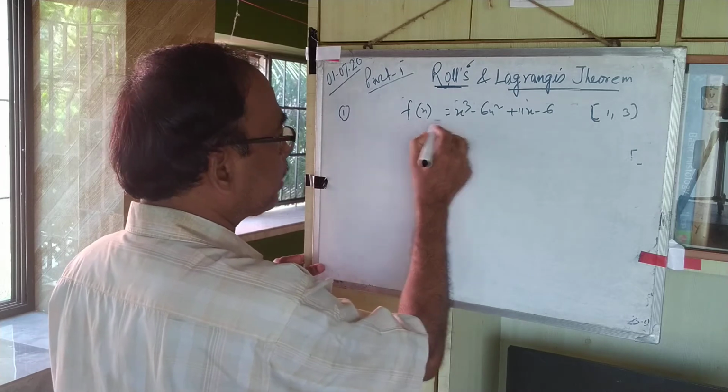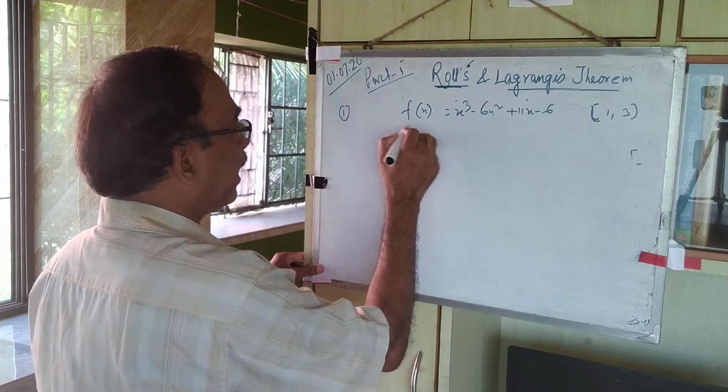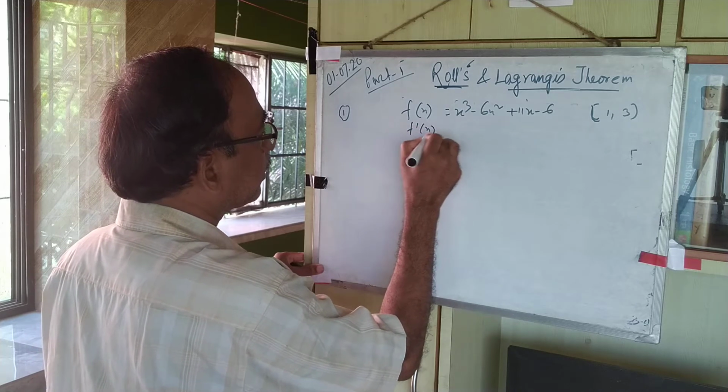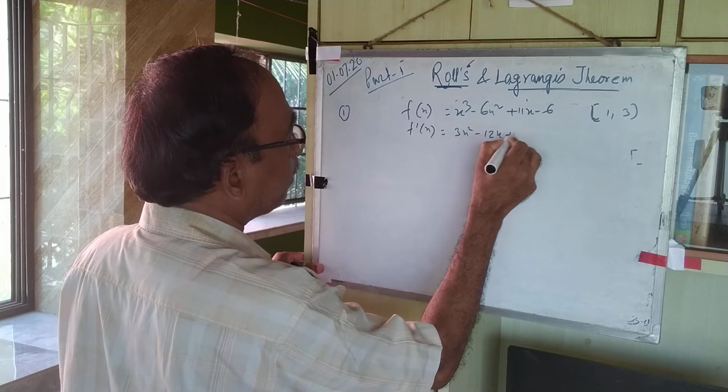f(x) is a polynomial function, so it is continuous in [a, b], and f dash x is 3x square minus 12x plus 11.